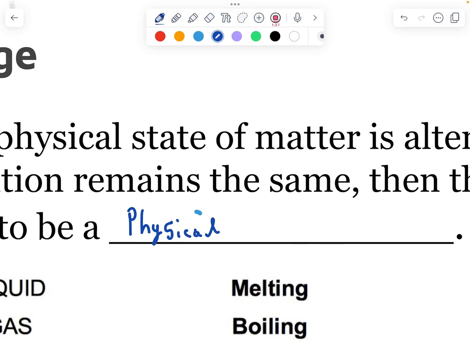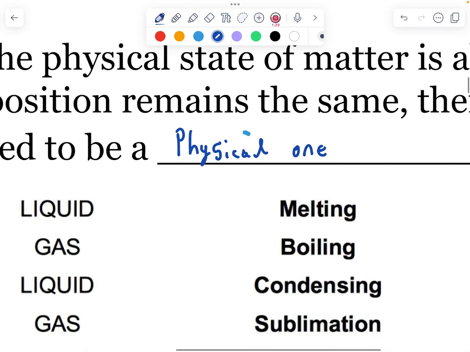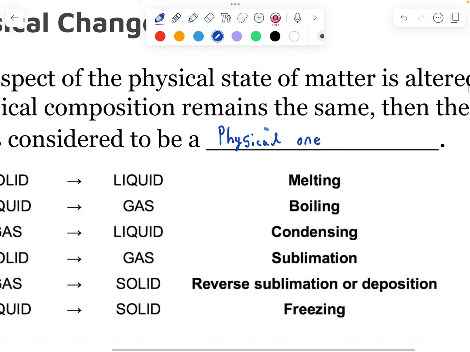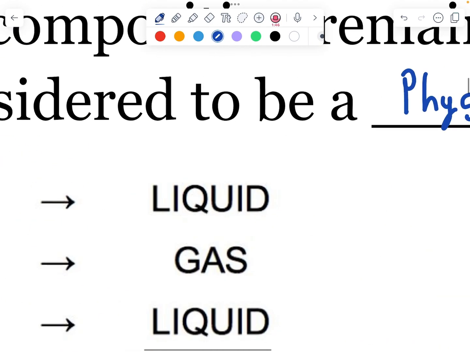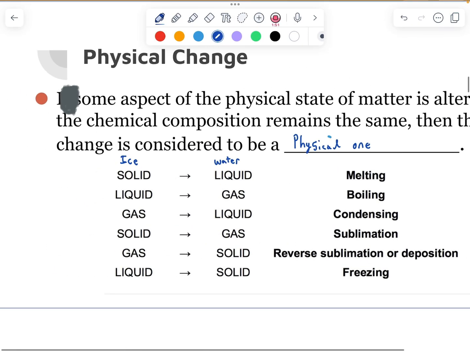So, say we have some ice that turns into liquid water. We're going to have a melting, which is just a phase change, which is equivalent to a physical change.